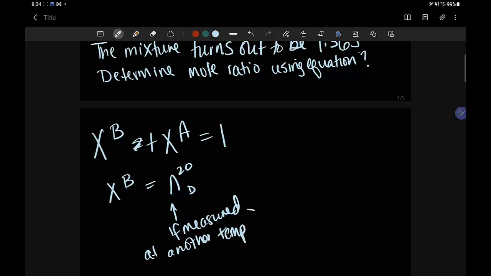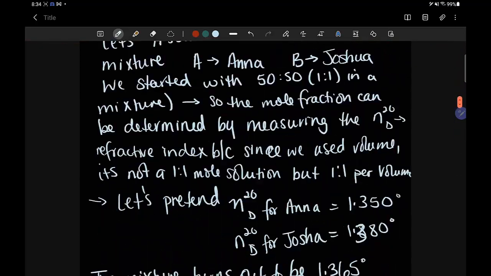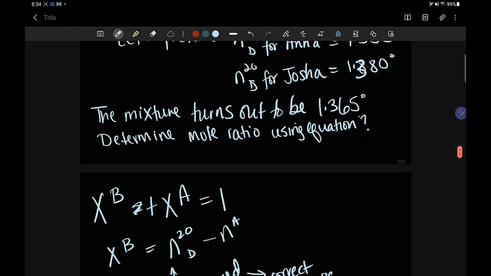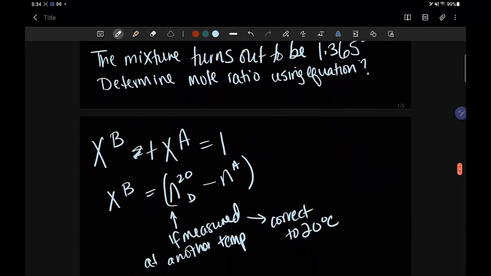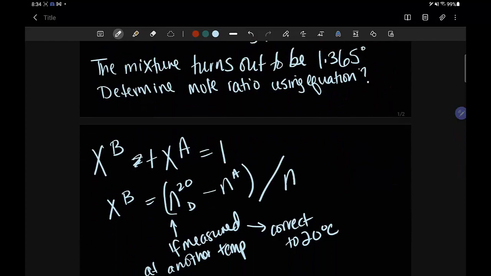I'm not going to remember all the numbers, so I have to keep looking back. Again, if you did not measure at 20 degrees Celsius, so you didn't do ND20, you have to recalculate it at the 20 degrees.